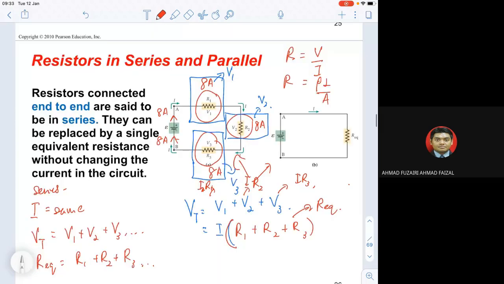Our job is to really understand the concepts of current and voltage, because the current will flow from the positive terminal to the negative terminal.